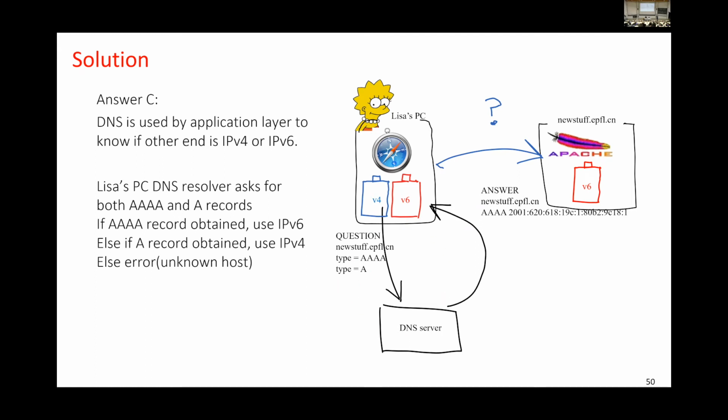If you get only an IPv4 address, then you're stuck, you should use IPv4. If you have only IPv6, you're stuck also, you should use IPv6. If you get both, then it's up to the algorithm that runs in your machine to decide which one to use. Many machines use by default IPv6 because it's more modern. Some other machines, like some versions of macOS, I'm not sure it's still true today, will try to keep a trace of how well one works and the other not.